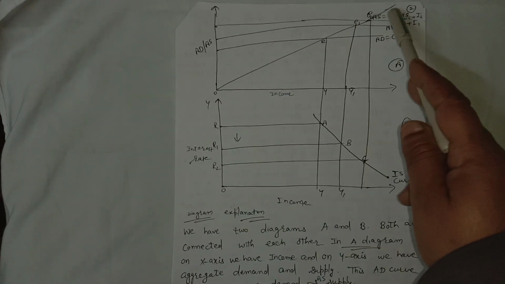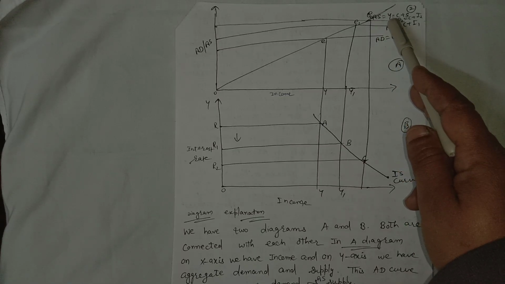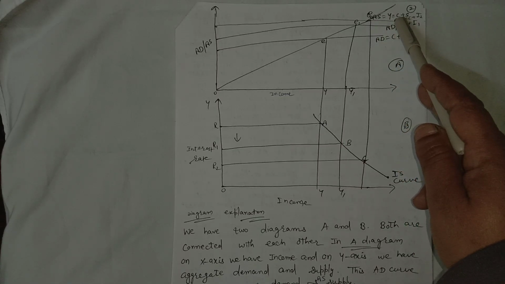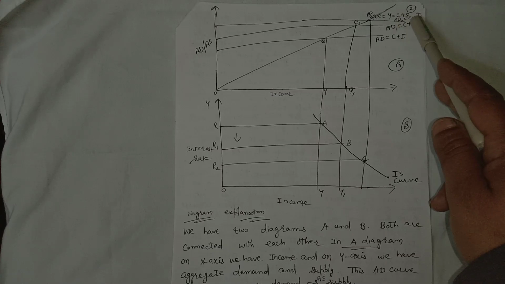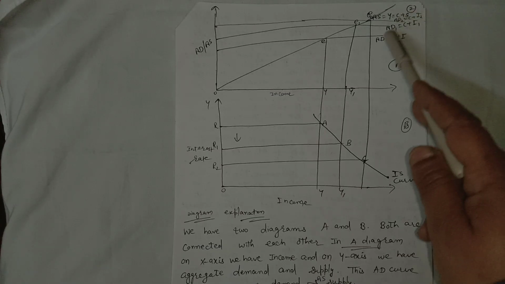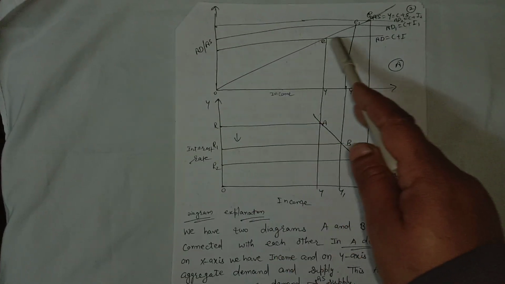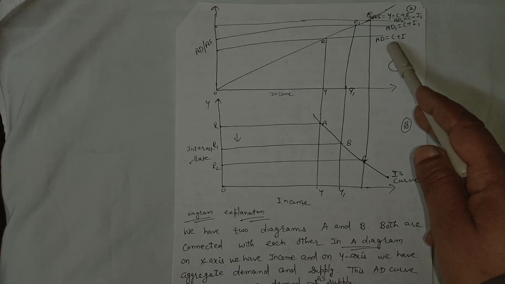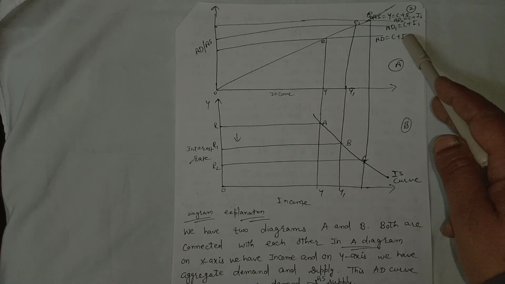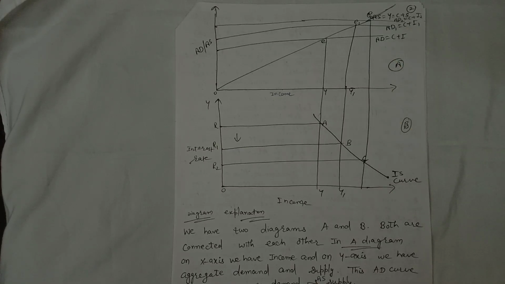This curve shows AS, aggregate supply, which is equal to Y. Y is equal to national income, which is equal to C plus S, that is consumption plus saving. And this curve shows aggregate demand, which is equal to C plus I, consumption expenditure plus investment.